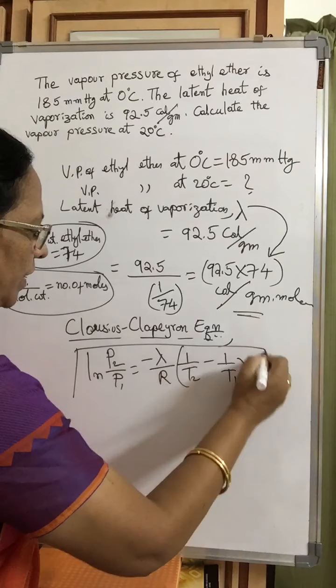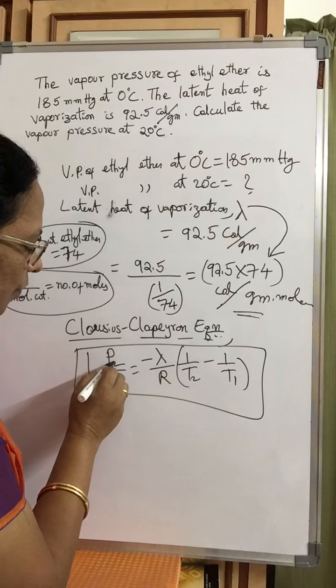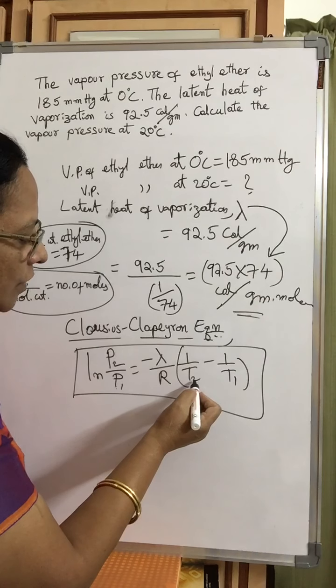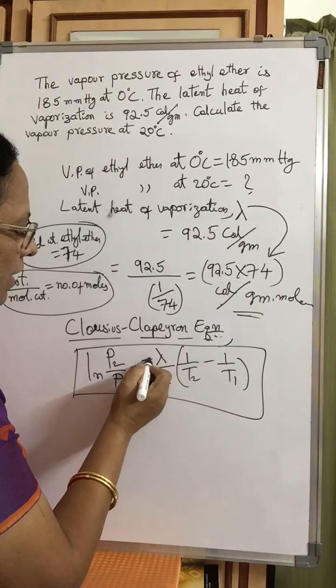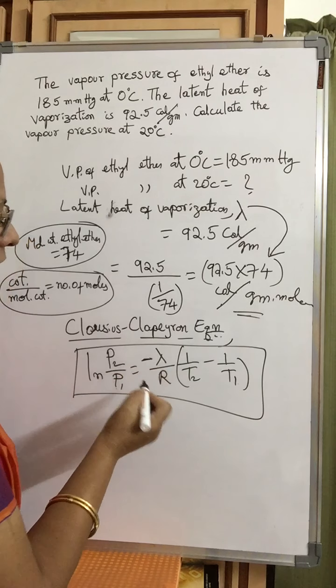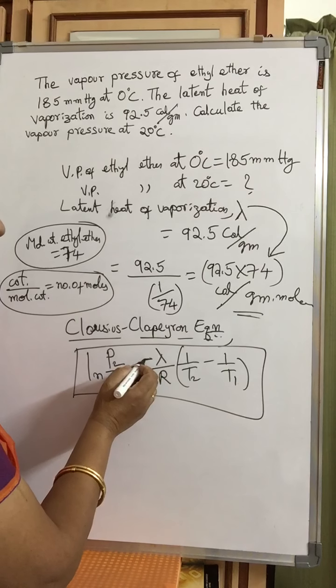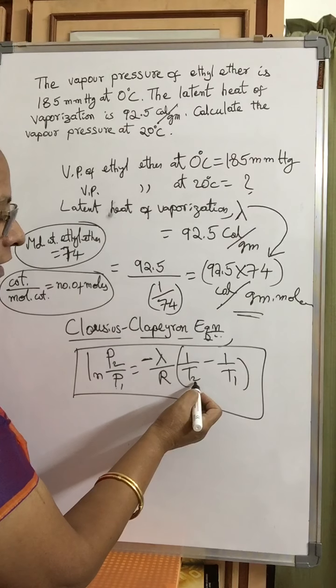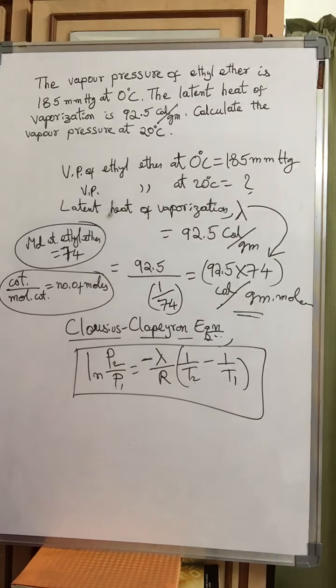Please observe, we started with P2 by P1, and here also we started with T2 and T1, then the minus sign is there. Some write it without the minus sign, but with T1 first and then T2. Both ways are correct, no problem.